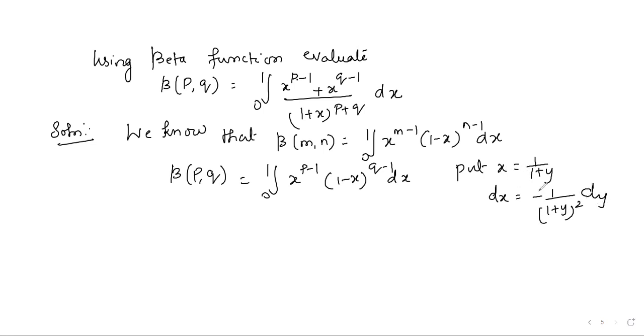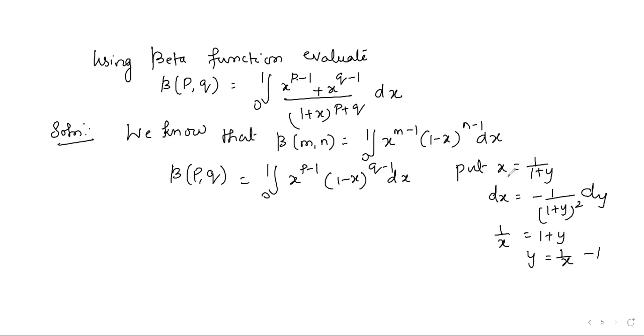I know x is equal to 1 by 1 plus y, so 1 by x is equal to 1 plus y. Therefore y is equal to 1 by x minus 1.